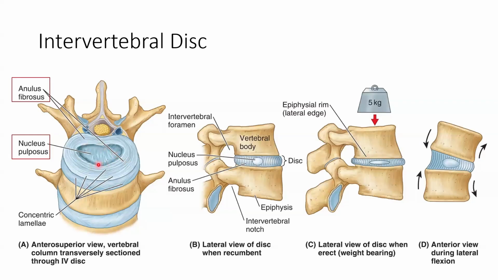Nucleus, it's on the inside. Pulposus, it's pulpy, it's jelly-like. So the inner nucleus pulposus is gelatinous, and that jelly absorption is being contained by the fibrous ring of the annulus fibrosis. Again, no disc between C1 and C2, and the last disc is between L5 and the top of the sacrum, or S1.